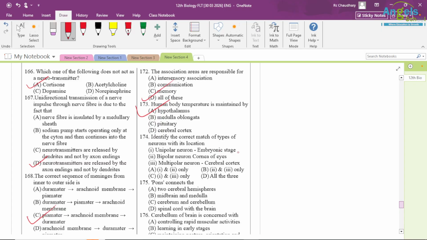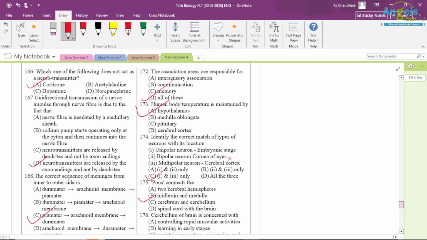Unipolar neuron, embryonic stage. Bipolar neuron, cornea of eye, wrong option. Then multipolar neuron, cerebral cortex. So only 1 and 3 are right. C option. Pons connects the midbrain and medulla. B option is correct.